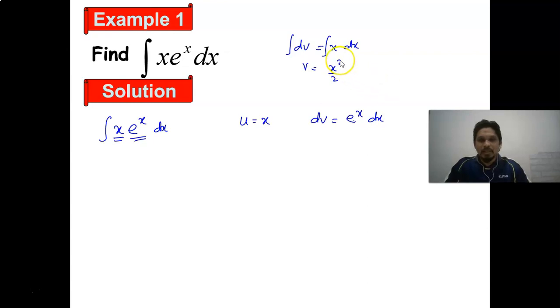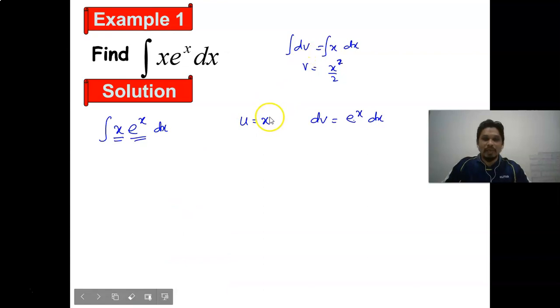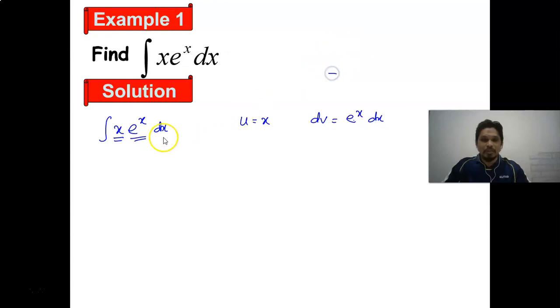Meaning we expand the power of x from 1 to 2. But in this part, we want to make the power of x smaller and smaller. So the polynomial x is not suitable to be chosen as dv for this example.